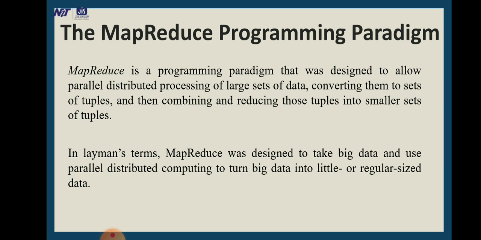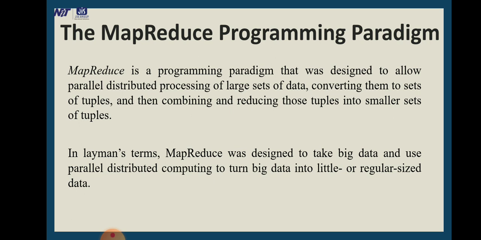Map takes a set of data and converts it into another set of data, where individual elements are broken down into tuples, key value pairs. Secondly, the reduce task takes the output from a map as an input and combines those data tuples into a smaller set of tuples. As the sequence of the name MapReduce implies, the reduce task is always performed after the map job.